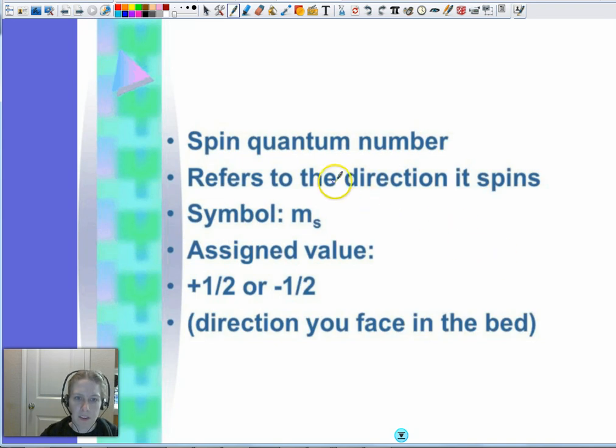And our last number is our spin quantum number. It tells you what direction the electron would be spinning. Remember, we can only have 2 electrons in each orbital. One has to have a +1/2 and one has to have a -1/2. The symbol for this quantum number is m sub s, and it's either a +1/2 or a -1/2. So that's the direction you face in the bed.